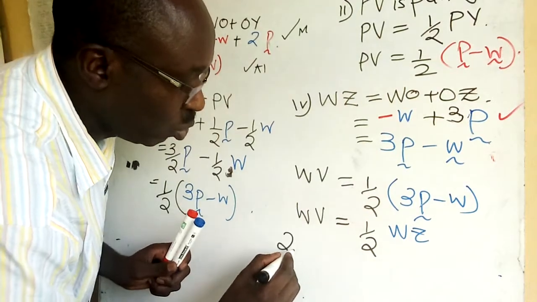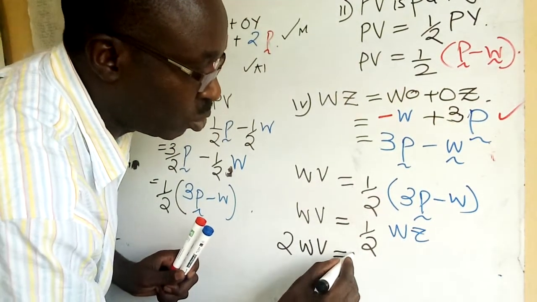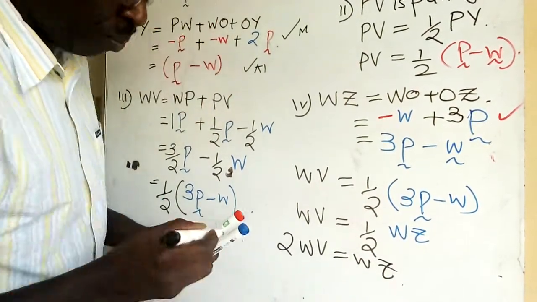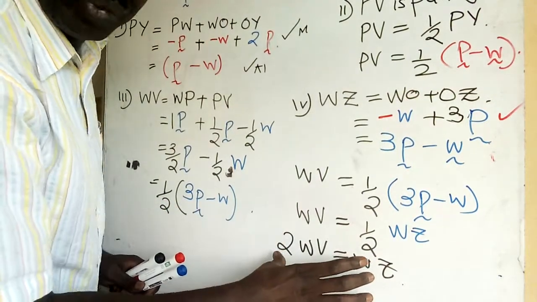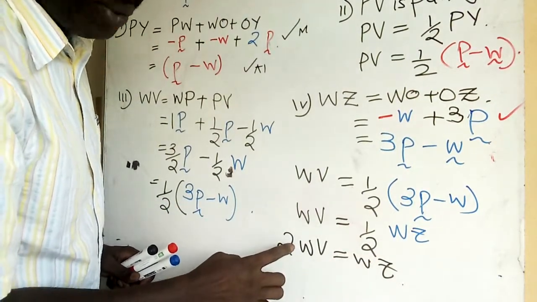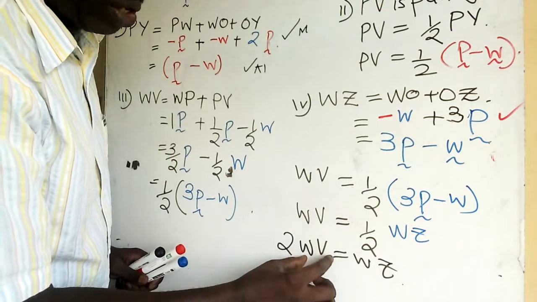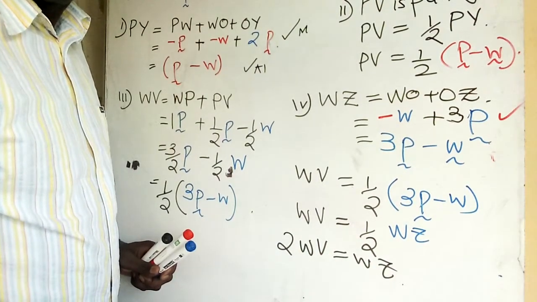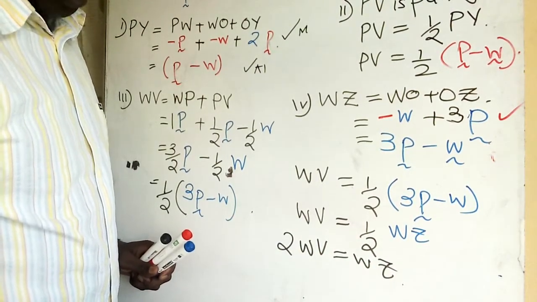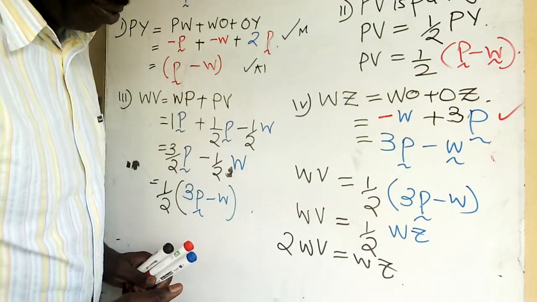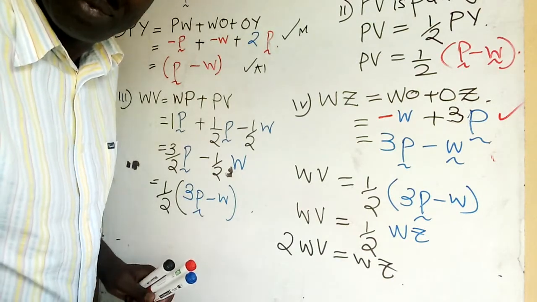It means 2WV is equal to WZ. What does it mean in reality? Double this, you get that.